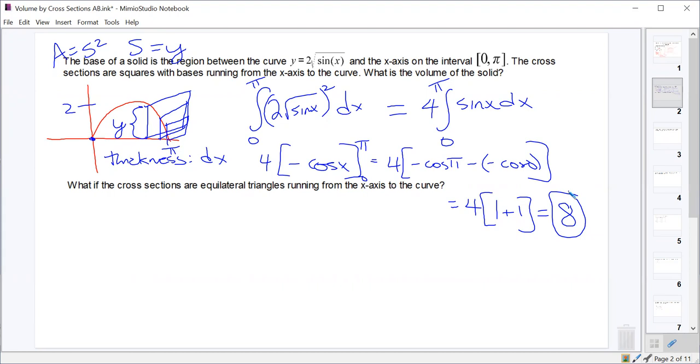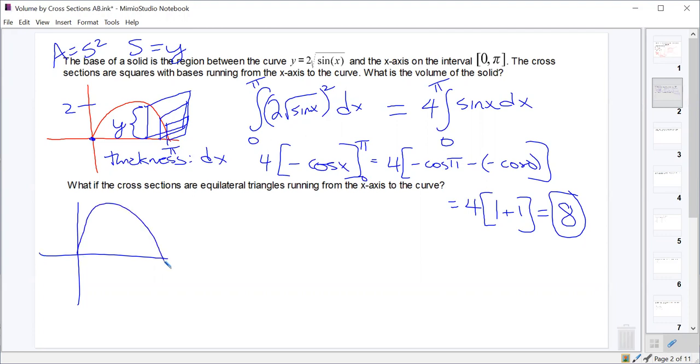Let's see if we can do this same function, but instead of squares, we have equilateral triangles as the cross section. So more similar to the one we were looking at with the 3D printing earlier. So first off, we know it's going to look very similar.